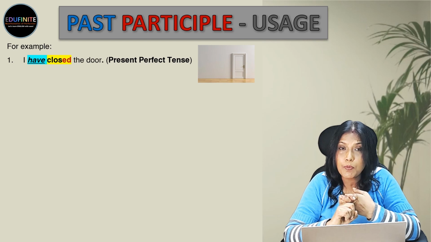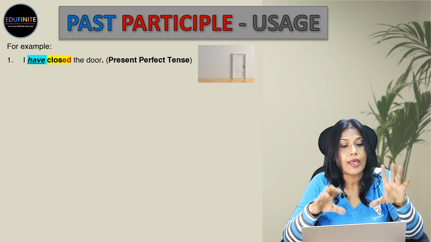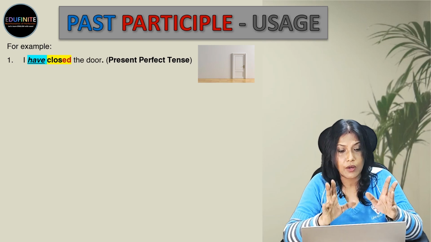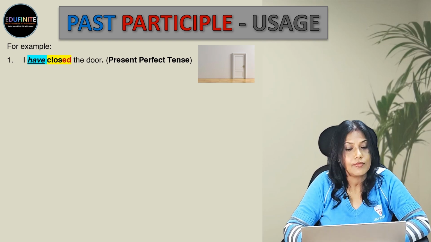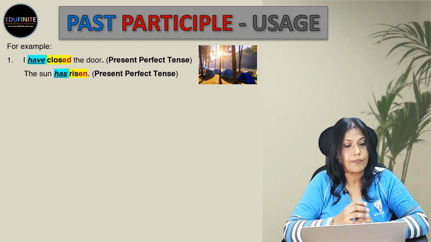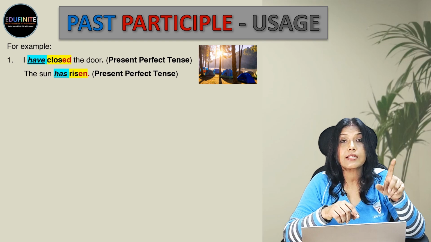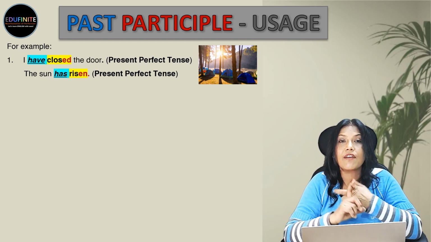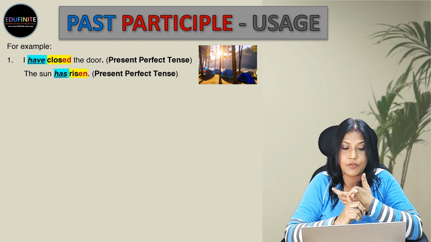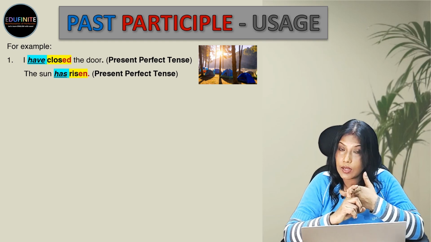So, for present perfect tense, what is happening? We are using the auxiliary have and the past participle closed, and this is how we form the present perfect tense. Okay, the next one is: the sun has risen. See, this is the past participle of the word rise. So we have chosen the past participle of the word rise and have attached has, since sun is singular.